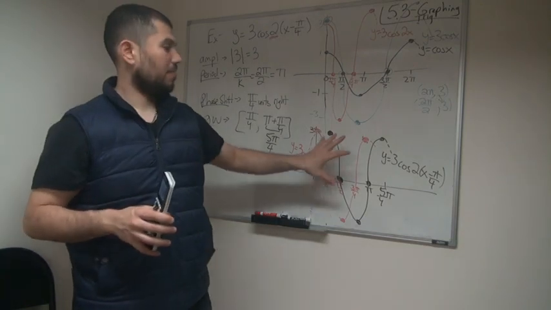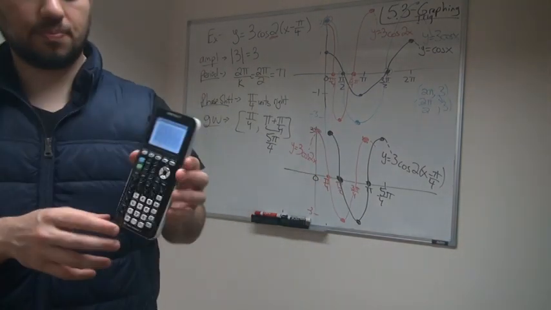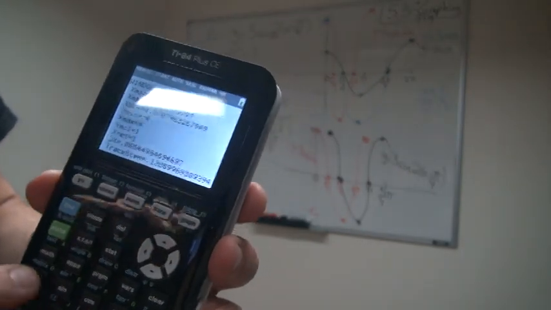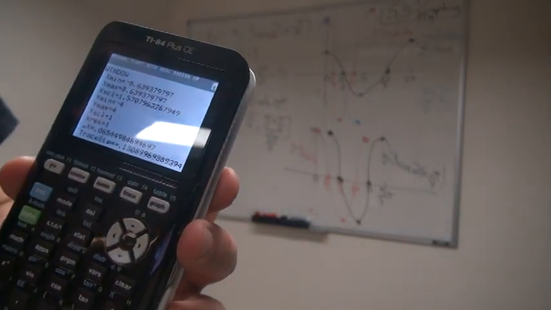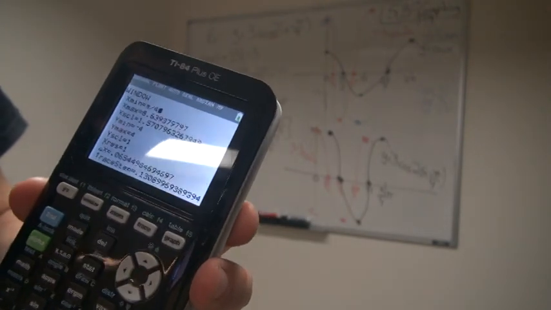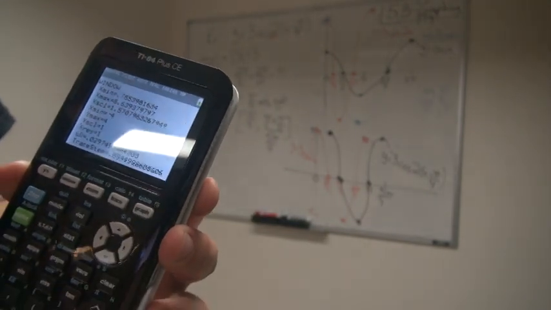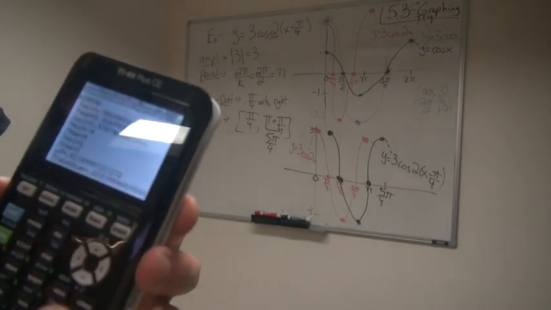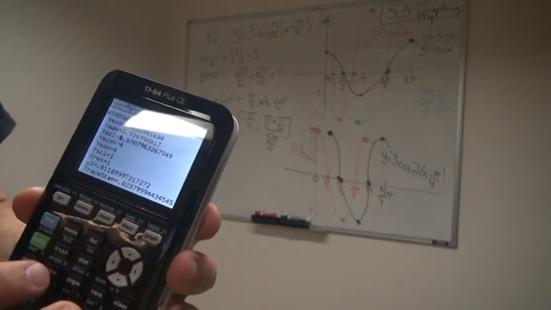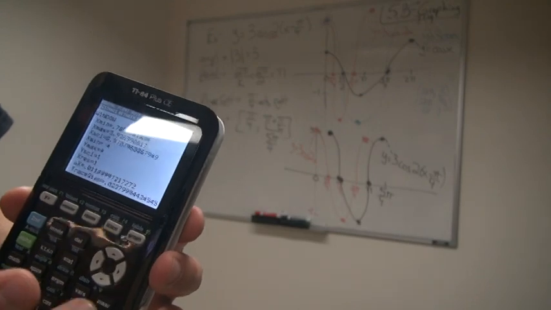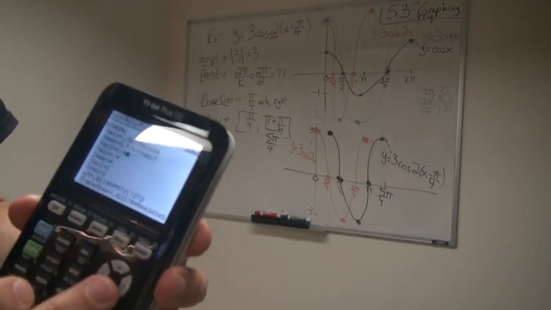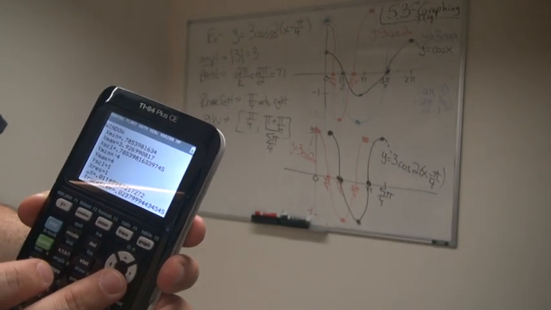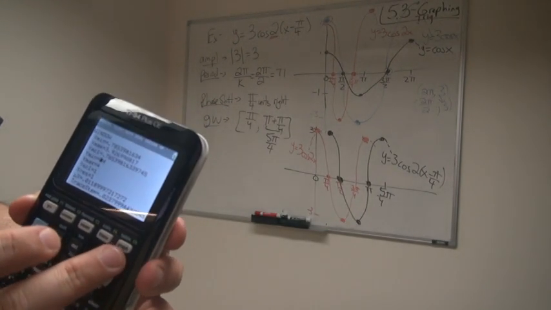So if I want to see if my one cycle was correct, you could go back to window, and for the x min, type in pi divided by 4, and then for x max do 5 pi divided by 4, and have your scale be pi divided by 4. Just go by increments of pi over 4. Y min and max of negative 4 and 4 are okay because our amplitude is 3.